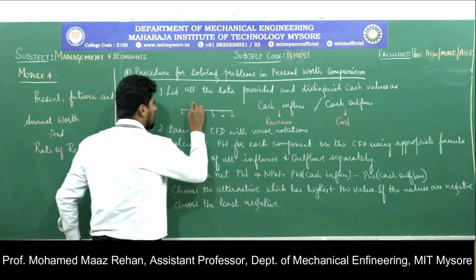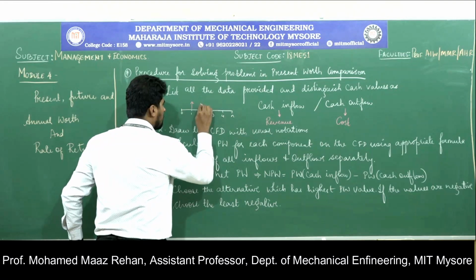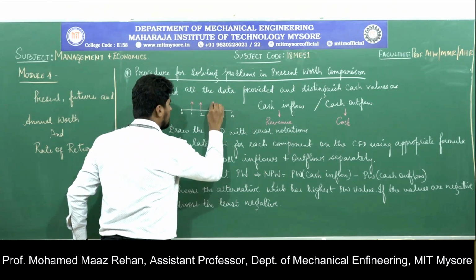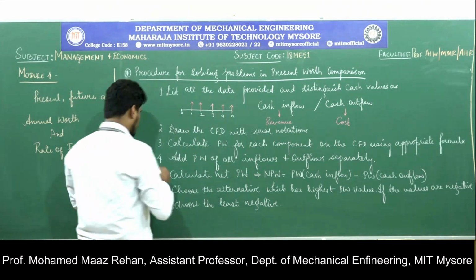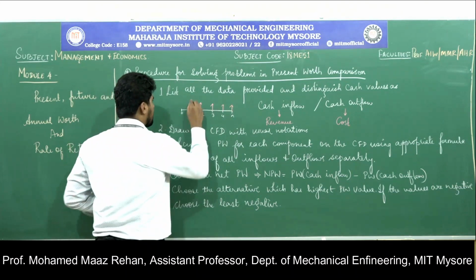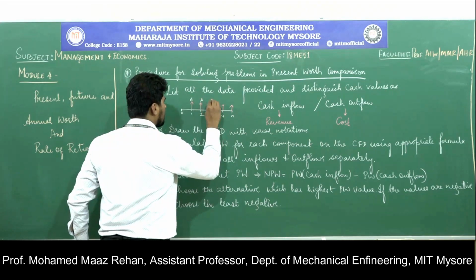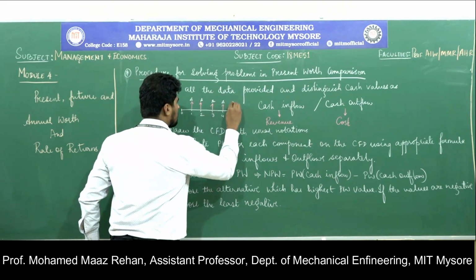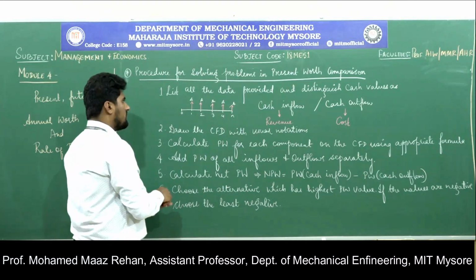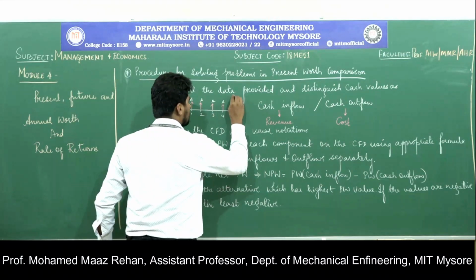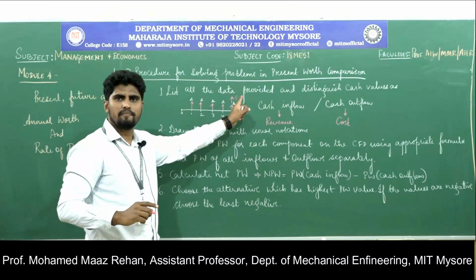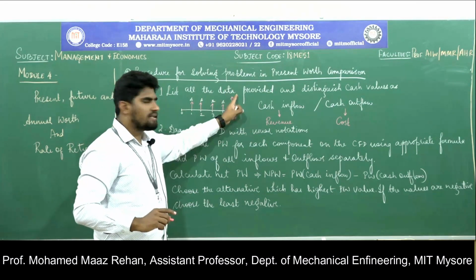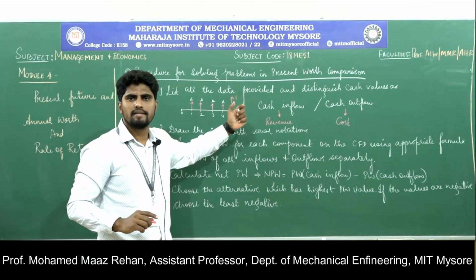For example, here I have inflows, that is nothing but the annual revenue that is generating in a particular project. This is represented as A. I may also have a salvage value, that is nothing but resale value, and it is represented as S. S is nothing but your salvage value, or we call it resale value.